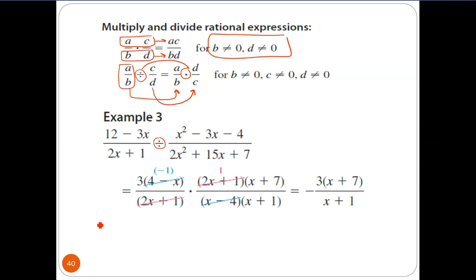So the first is 12 minus 3x over 2x plus 1, multiplied by another fraction, converting the division to product. So put the denominator as numerator, x squared plus 15x plus 7 and the numerator as denominator, like this.